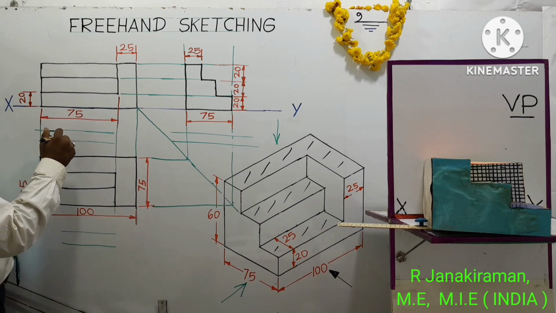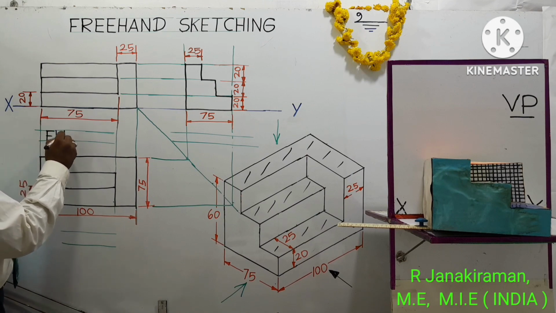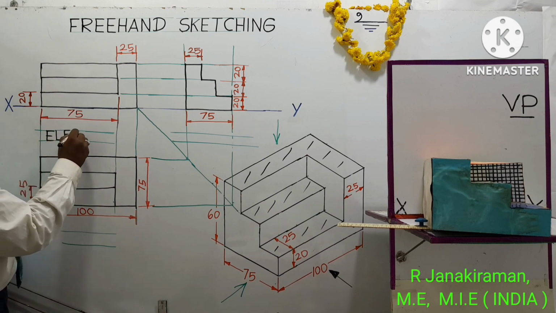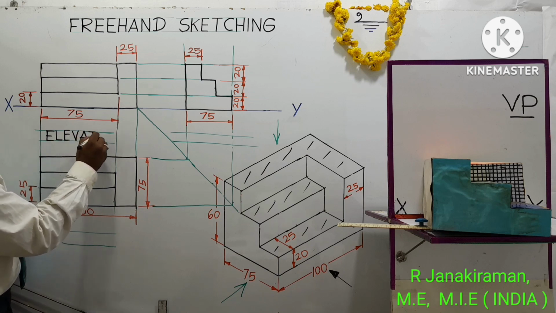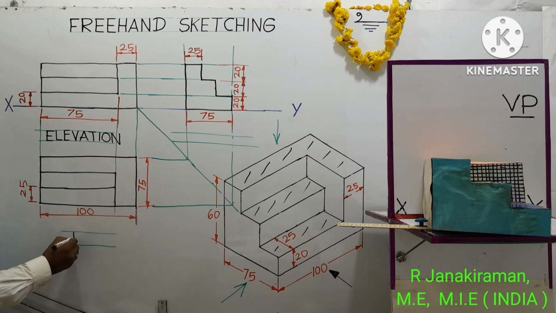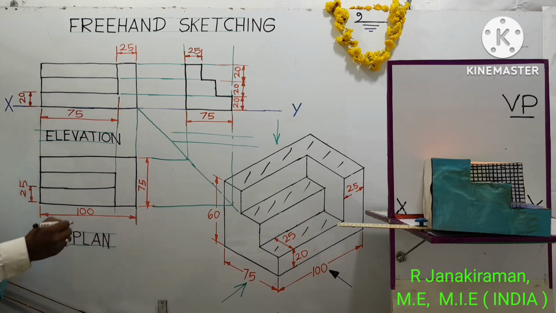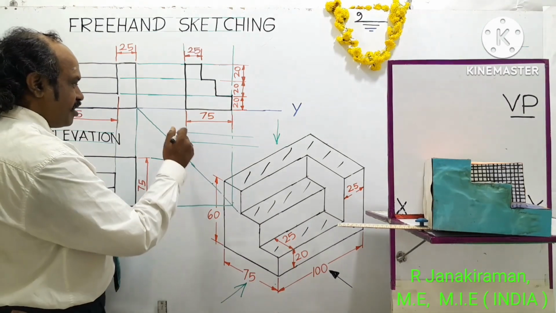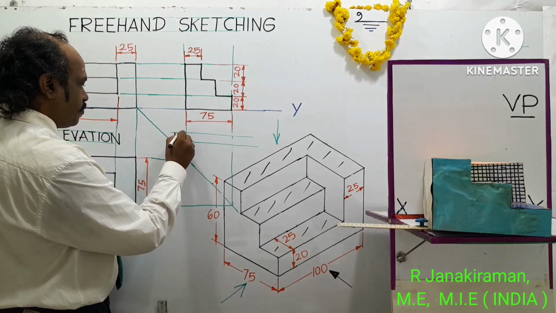Any one word if you write is sufficient. Elevation. This is a plan or top view. And this is left side view, drawn on the right side of the front view.